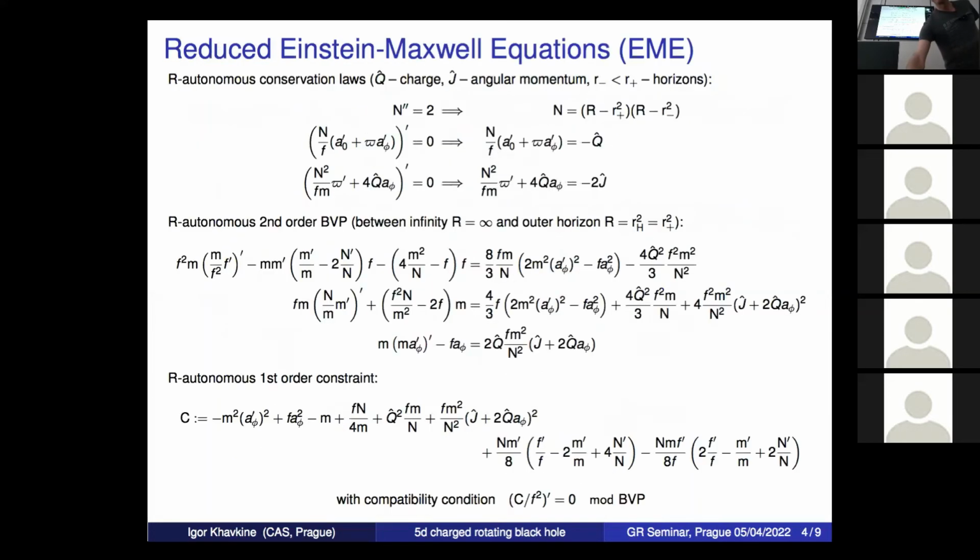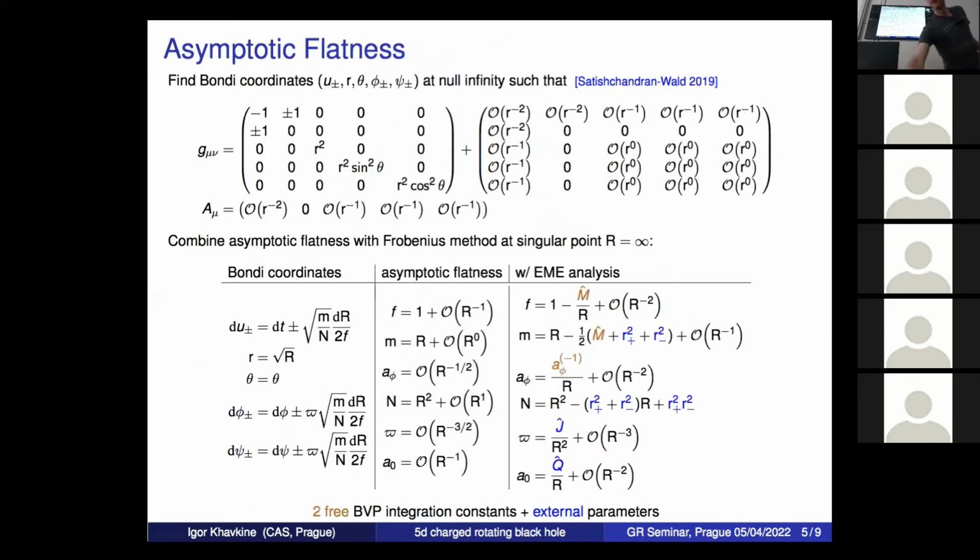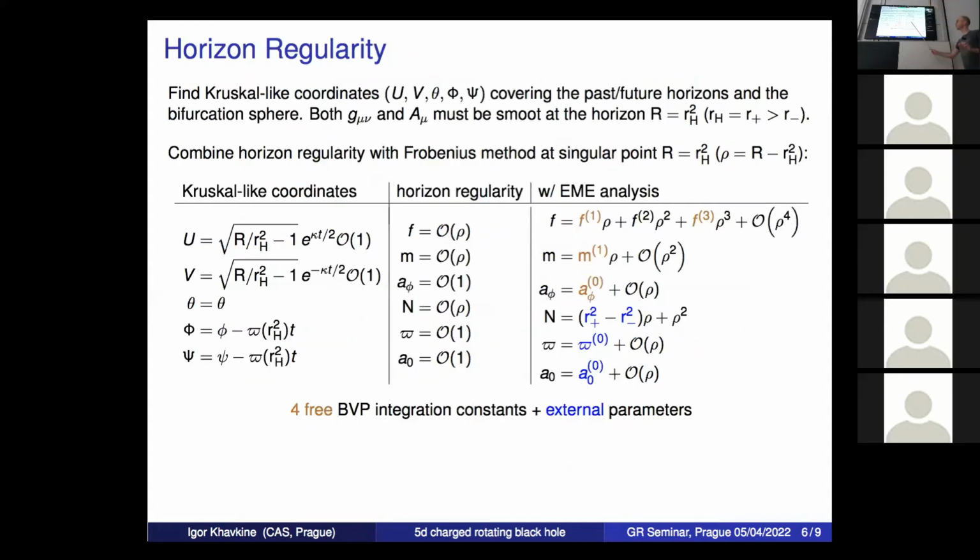I solve these equations for A0 omega. I know what expansion they have at infinity. Knowing this, I can solve the full system, extrapolate back to the horizon, and at the horizon, knowing those asymptotics at infinity fixes these constants. So these are fixed by external parameters.